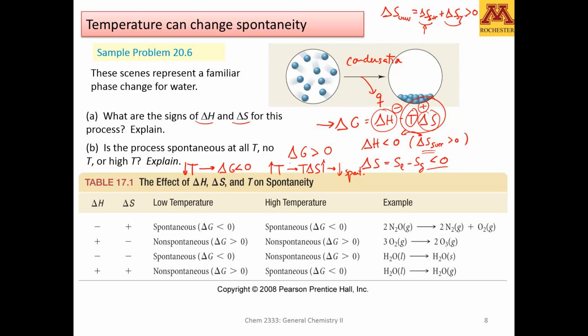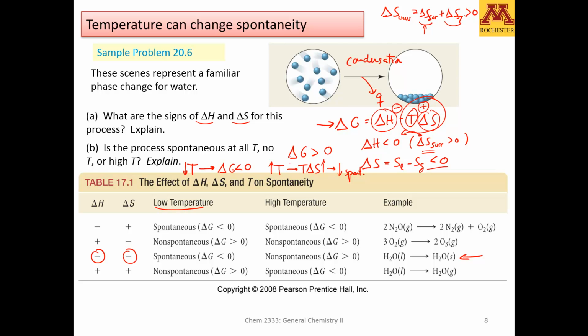And one can build this table in which, depending on the signs, you can see what will happen at low temperature and high temperature. The case of condensation is this one here. This is not a condensation. It's freezing of water, but it's similar, because we said that the change in enthalpy is negative, but also the change in entropy is negative.